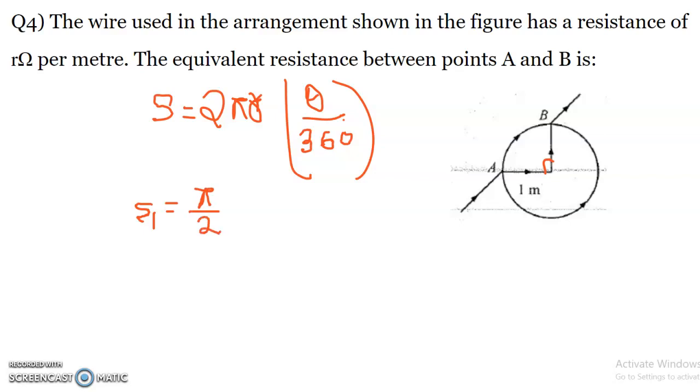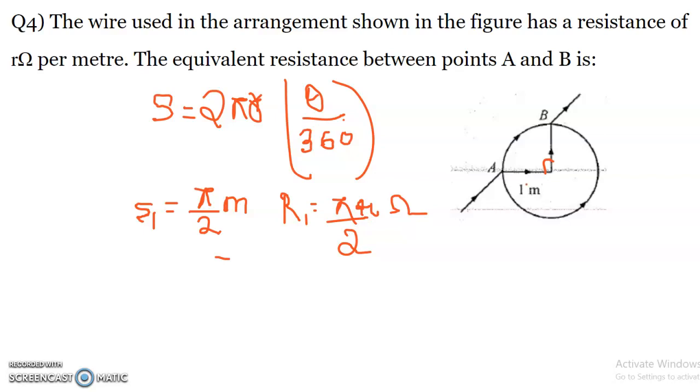Now writing the resistance of this minor arc, we'll just write it as R1, alright. R1 will be pi by 2 small r ohm. Yes, don't forget the small r here. Yes, pi by 2 r ohm. And now writing the resistance for the wire, okay.